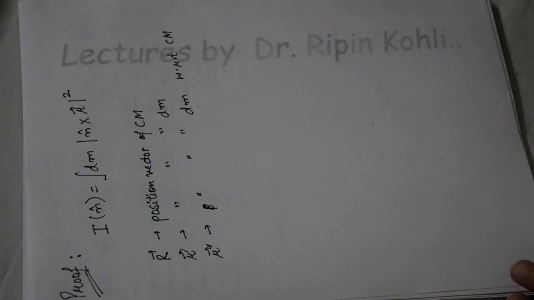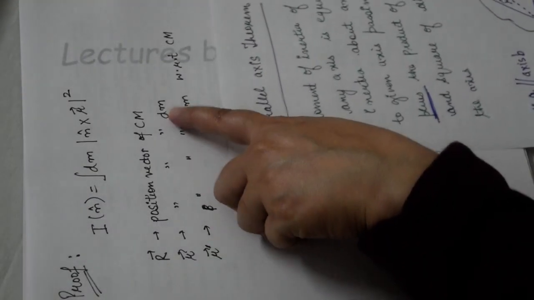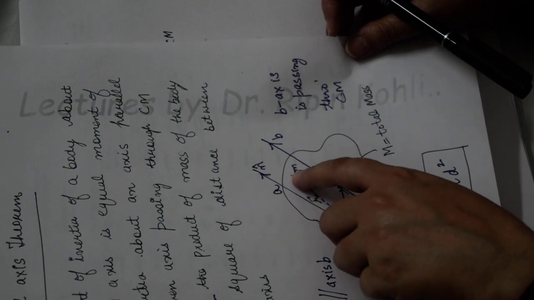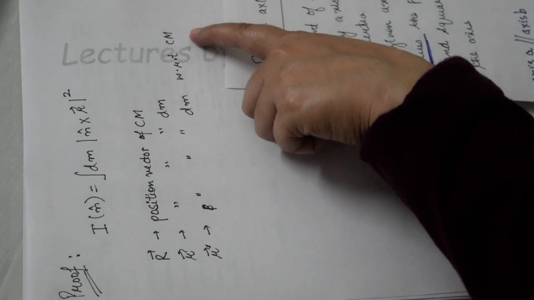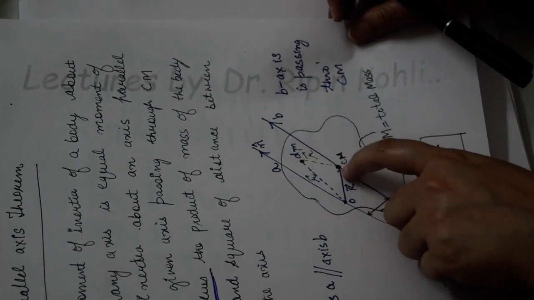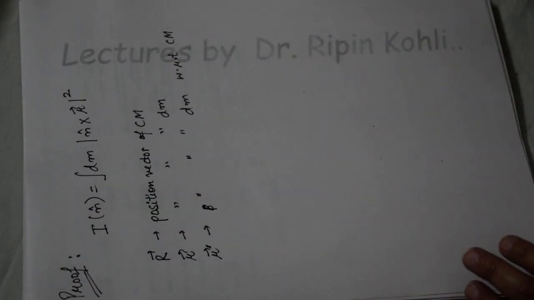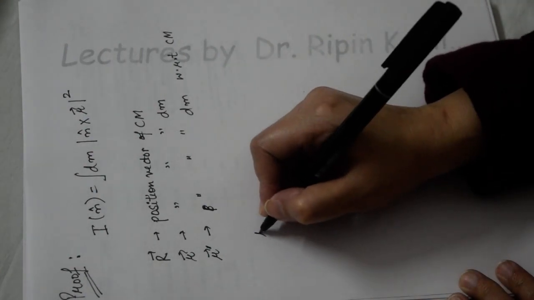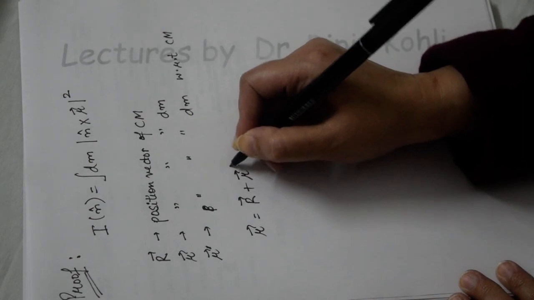I am going to show you the figure again. Capital R is the position vector of the center of mass from the origin. Small r is the position vector of dm, and r dash is the position vector of dm with respect to the center of mass. So considering this triangle, we can write r is equal to R plus r dash.